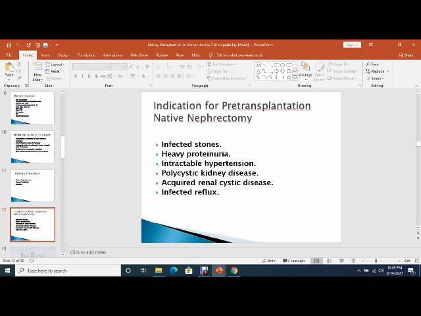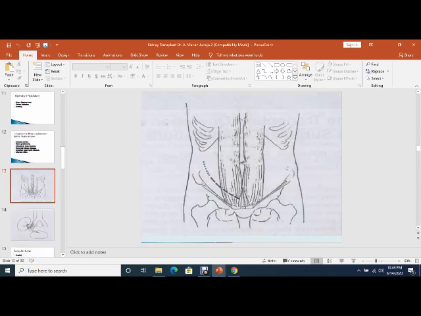These are infected stones, or the patient has heavy proteinuria, or due to a renin-secreting tumor the patient develops intractable uncontrolled hypertension, or huge cystic kidney disease, polycystic kidney disease, acquired renal cystic disease, and infected reflux. In these conditions, pre-transplant native nephrectomy should be done.